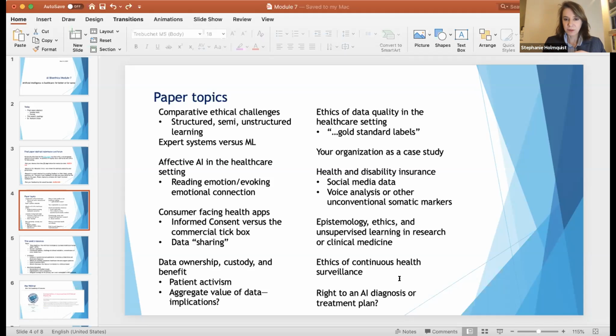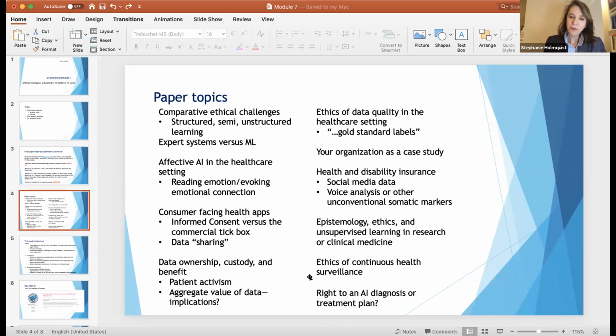So the ethics of continuous surveillance, and the inadequacies, possibly, of current protections. You know, HIPAA is a very limited set of protections in a very specific environment.